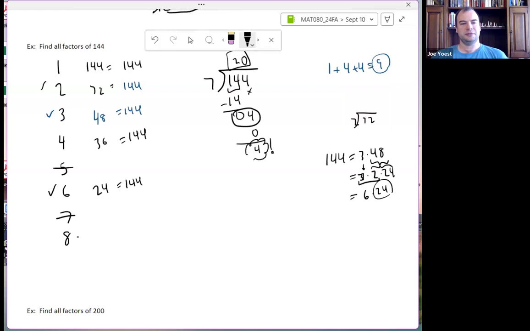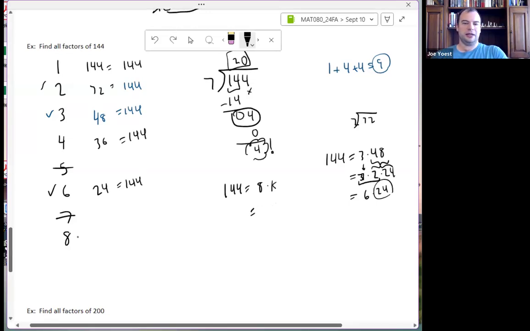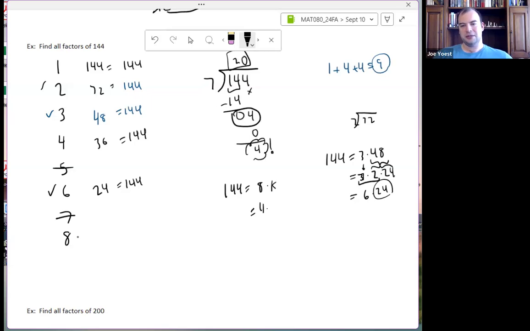Well, what about 8? If 144 was 8 times k for some number k, a different number k than we were looking at before. If 144 is 8 times some natural number, if 8 was a factor of 144, then certainly 144 would have to be 2 times 4 times k, right? Or I could write it as 4 times 2 times k.